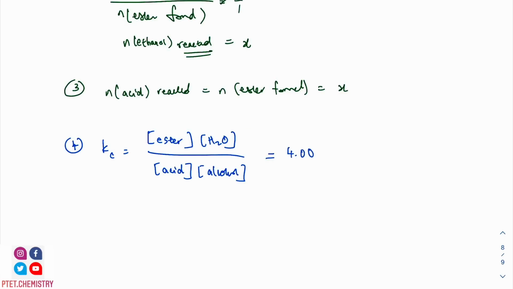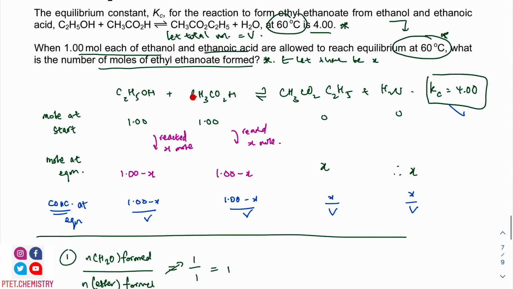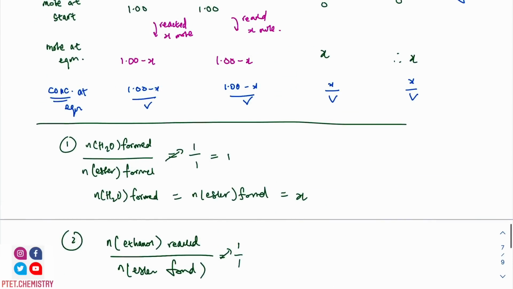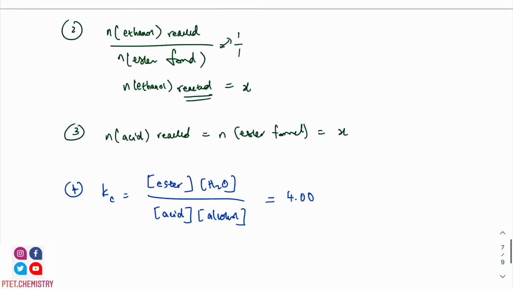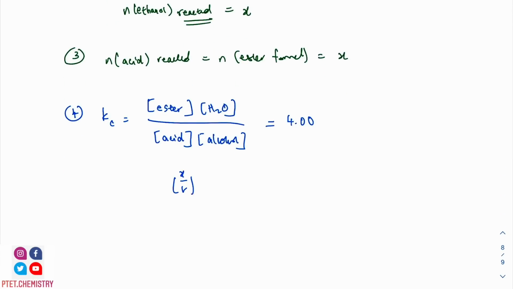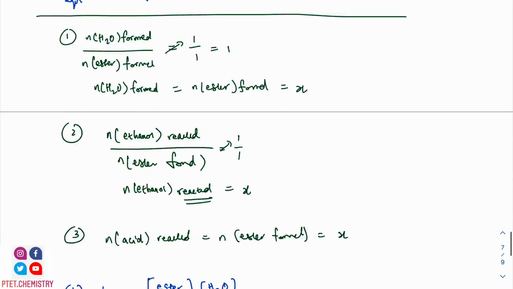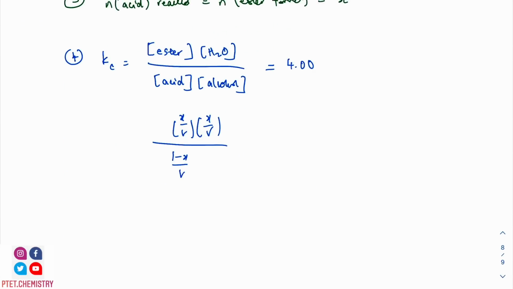The power is all 1 because it was all 1 to 1 to 1 to 1. The ester and the water are on the right hand side, so they appear on the top of the equation. From the table, you have X over V times X over V. At the bottom, you have 1 minus X over V, 1 minus X over V, that is equal to 4.